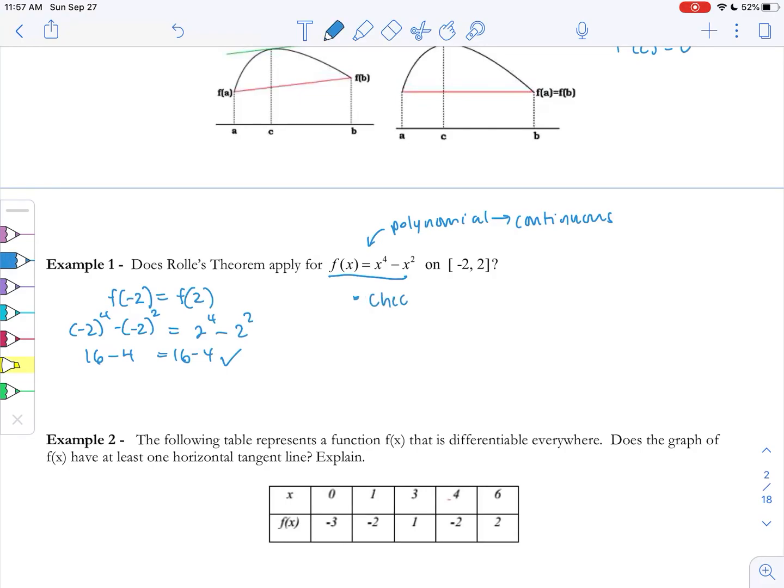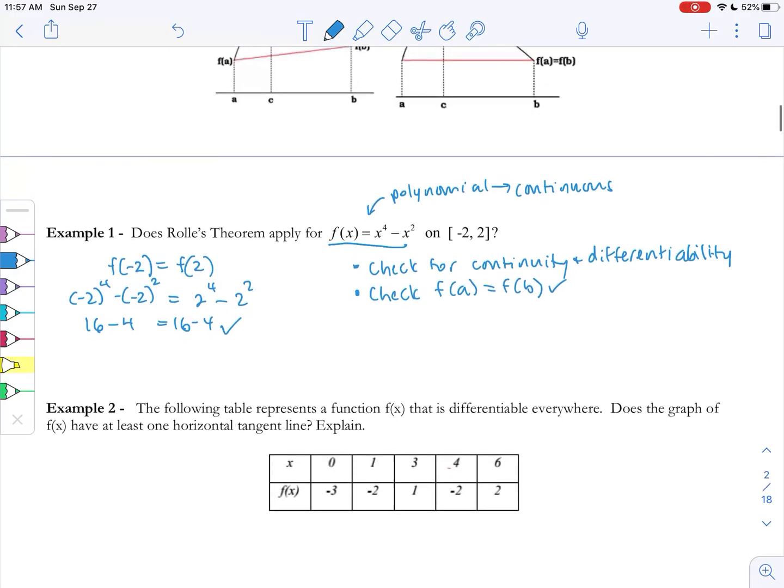Check for continuity and differentiability. If it's a free response, I would mention both. And then check that f of a is equal to f of b.